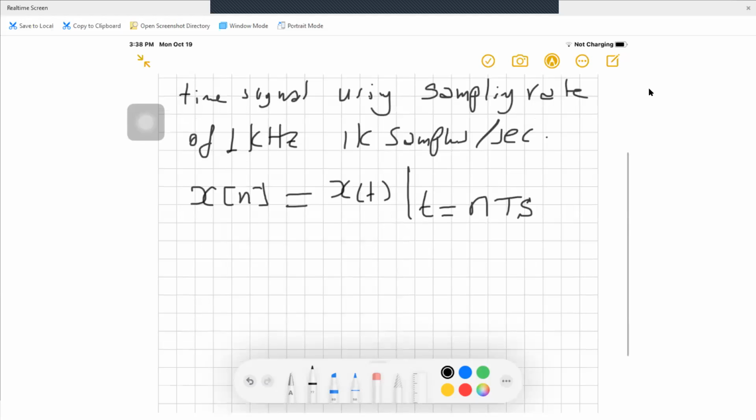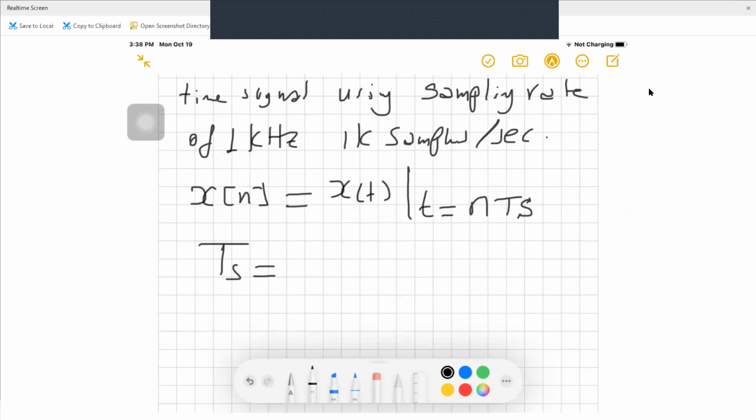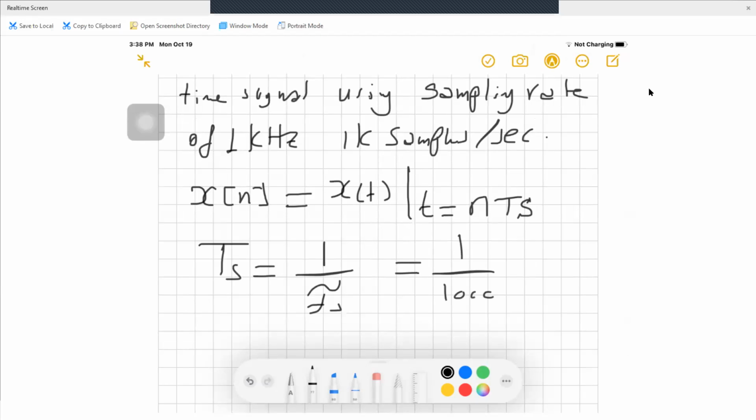Now, how are we going to pick Ts? Ts is equal to 1 over Fs. Fs is given as 1 kilo, so Ts will be 1 over 1000. Okay, so Ts will be 1 millisecond.